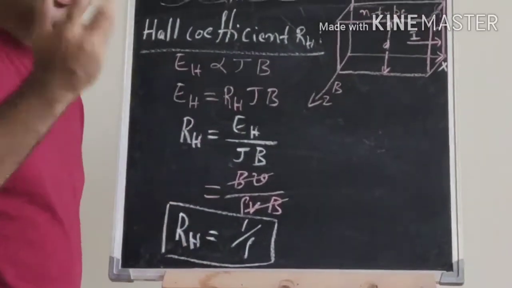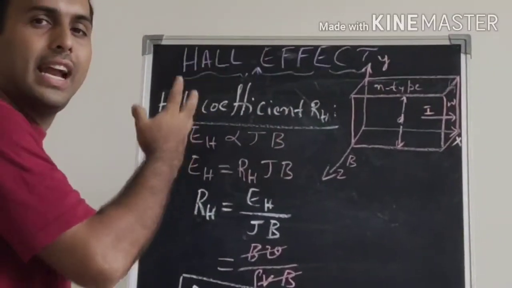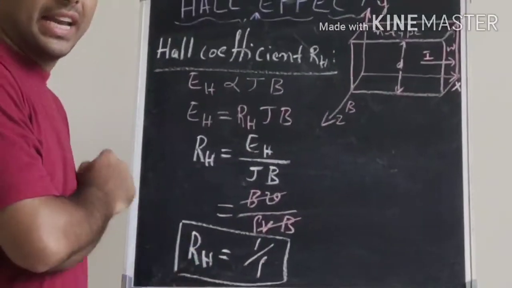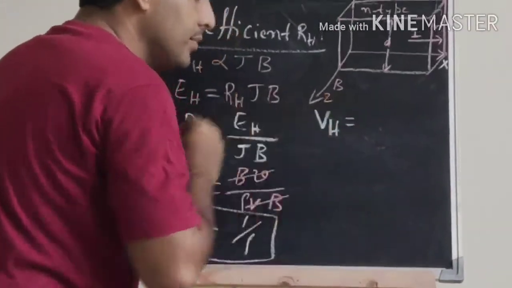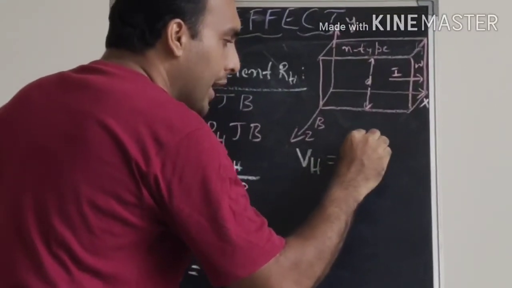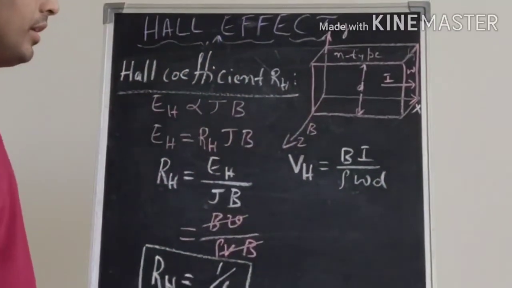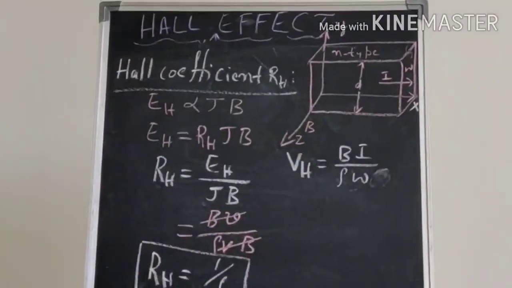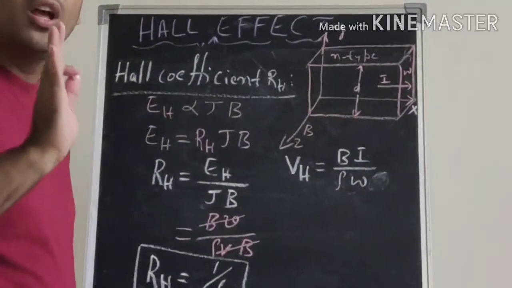Now, what is the expression for Hall voltage in terms of Hall coefficient? We know the final expression we got for VH: VH is equal to BI by rho into W. VH is equal to BI by rho into W is the expression for Hall voltage.